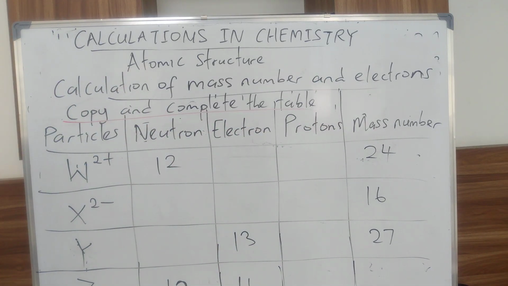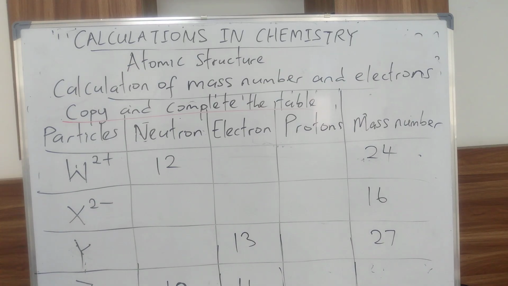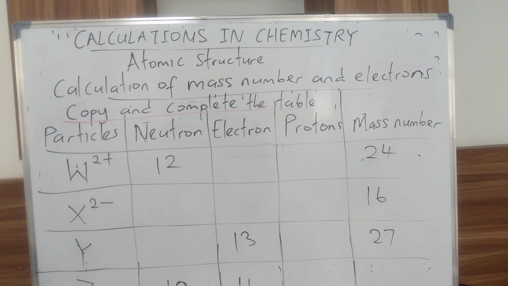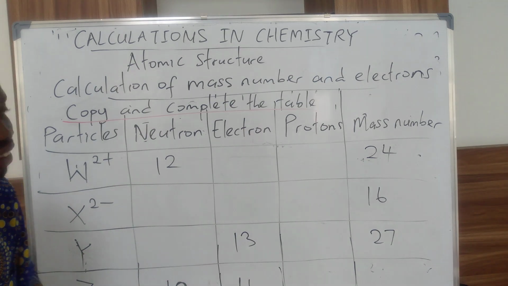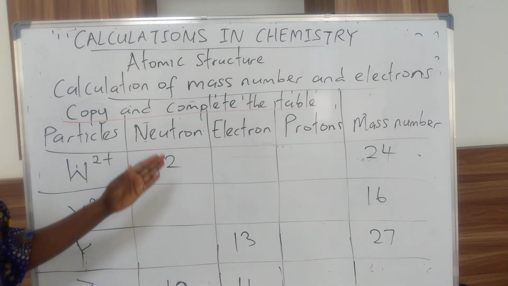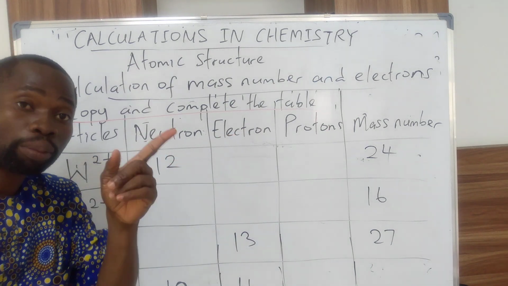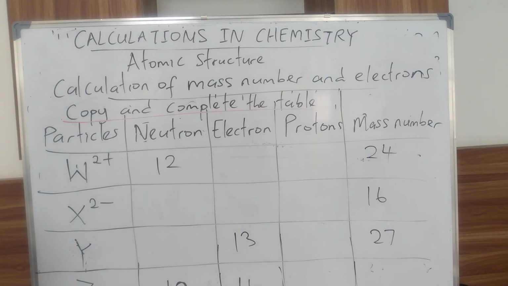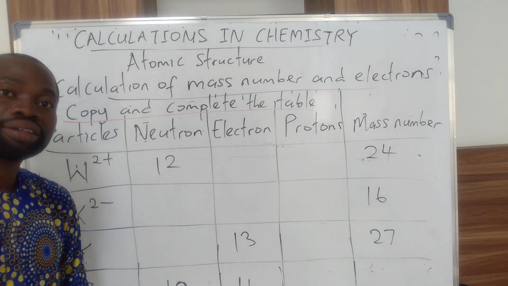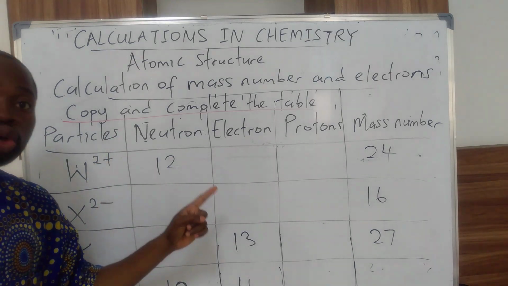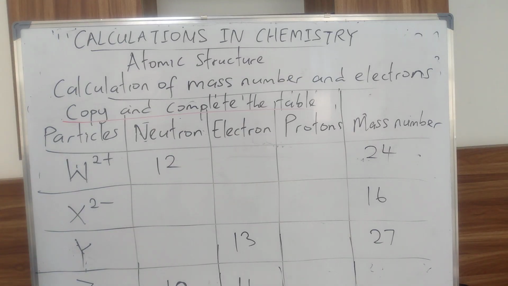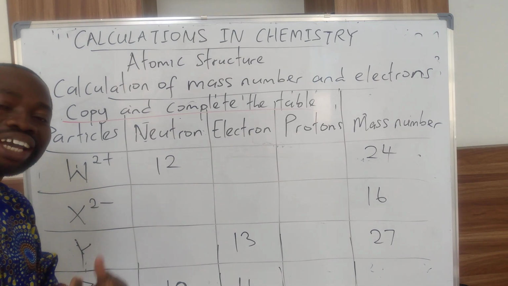Copy and complete the table. Now, remember I've given you the tips for calculating electron and mass number, and I gave you a formula too. What's the formula? Mass number is equal to proton plus neutron. So don't forget. Now, look at the particles. The first thing you do is identify the particle.